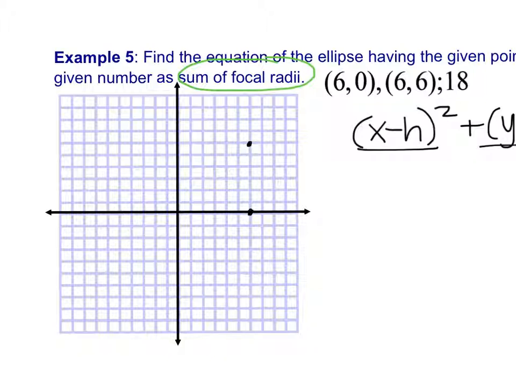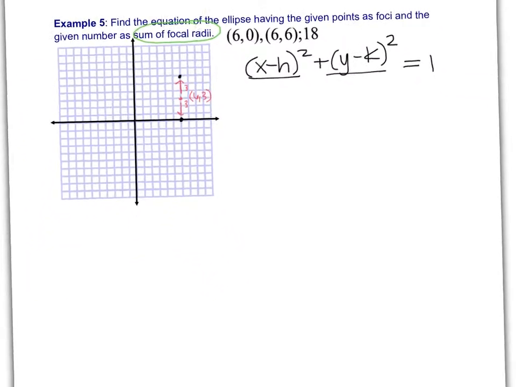Because the focal points are always an equal distance from the center in either direction. So I can go ahead and put my center right here, which is equal spacing 3 and 3 from my focal points. So right away I know that my center is going to be at the point 6, 3. So that'll fill in my h, k. So let's put that in there.